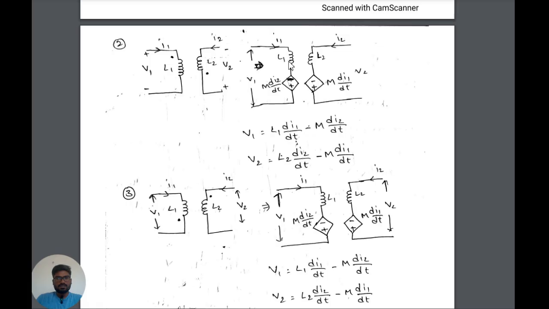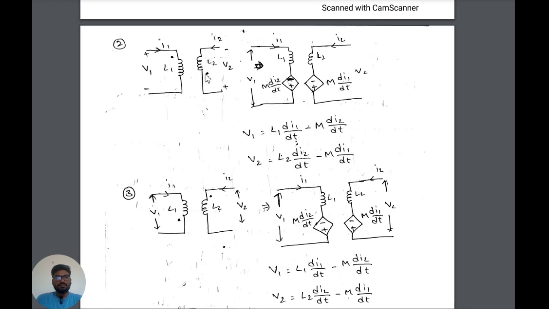Here this L1 is the same, as the current is entering the dotted terminal, so the other side of the dotted terminal will be positively given. So while drawing the first coil, the effect of coil 2 is drawn here. So I1 current flows here as L1 is drawn, and here the current in this coil is leaving the dot.